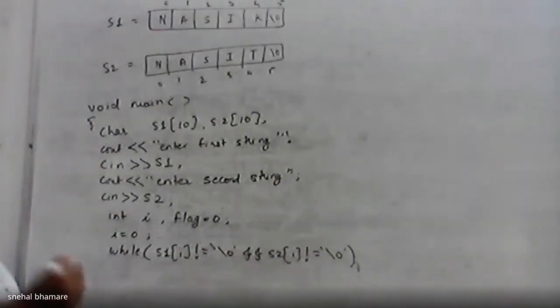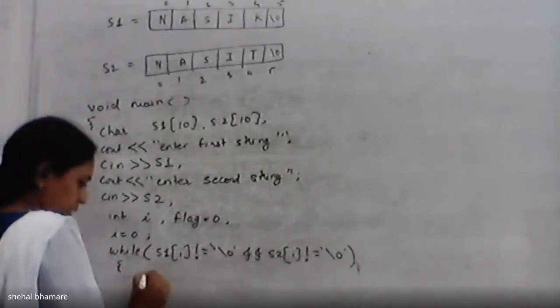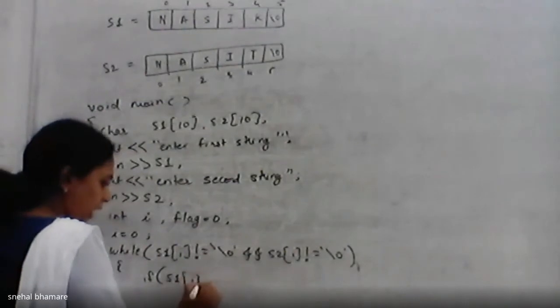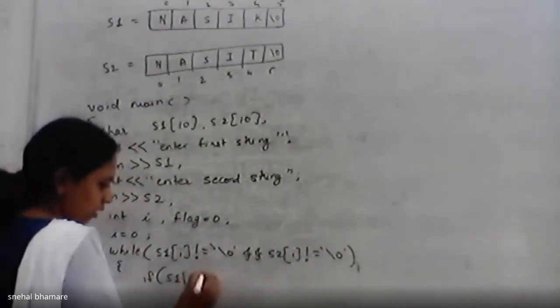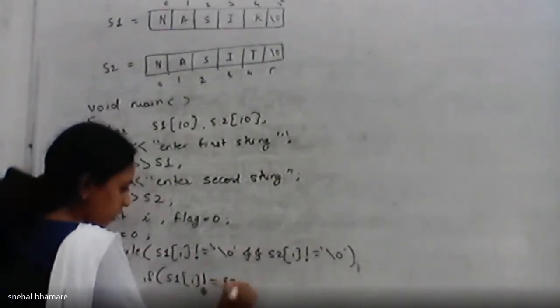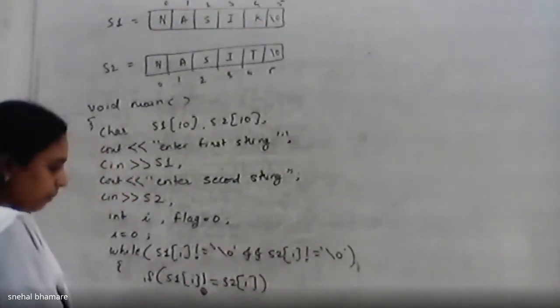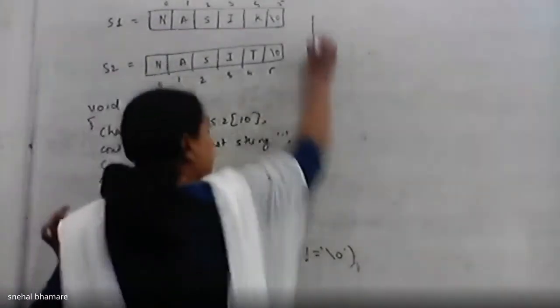In this, if S1 of i is not equal to S2 of i, so I'll write the code over here.